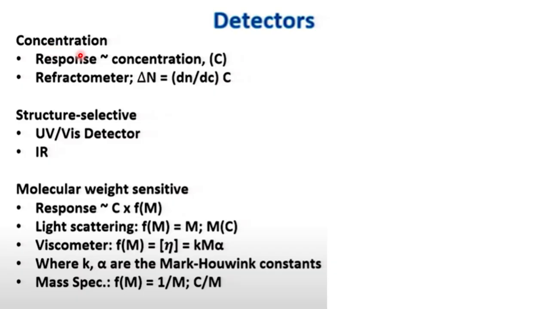For example, concentration-based detectors, where refractometer or delta n, that is the concentration coefficient times C. Then structure selective detectors: after separation, if we want to check the structure of the sample that is coming out at different time intervals, you can go for a UV detector or IR detector.